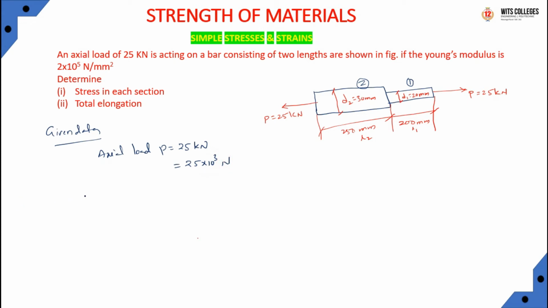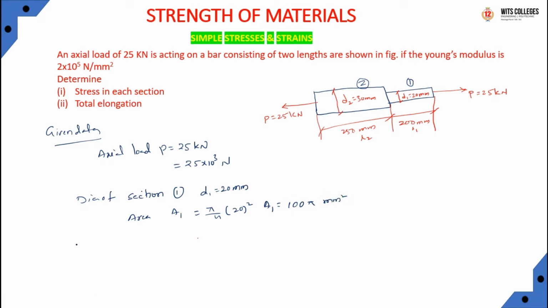Also the diameter of section 1, that is D1 equals 20 mm. From D1 we get the area of section 1, that is A1 equals pi by 4 into 20 square. Here A1 equals 100 pi mm square.